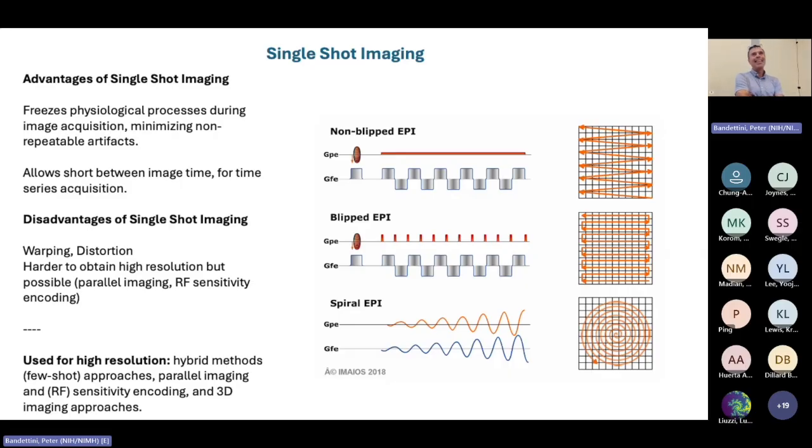I was planning on skipping over that, but 3D is basically where instead of having a slice select pulse and then going through K-space one slice at a time, with 3D you basically do phase encoding and frequency encoding and slice encoding all at the same time.